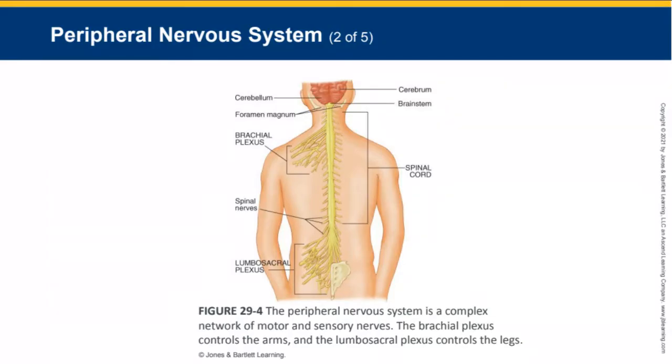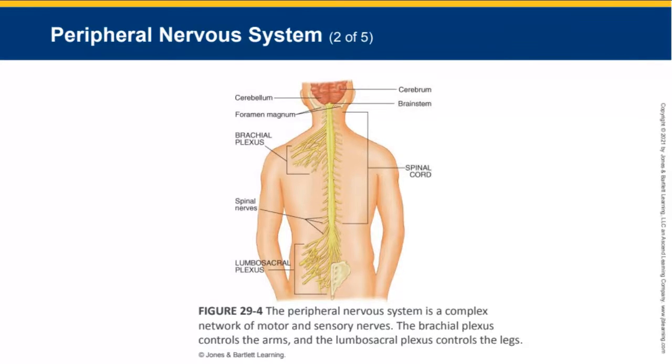And as it comes down, you have nerves branching out at the shoulder. That's the brachial plexus. And then when it goes down to the lumbar area, you have the lumbosacral plexus and nerves going to the lower extremities.